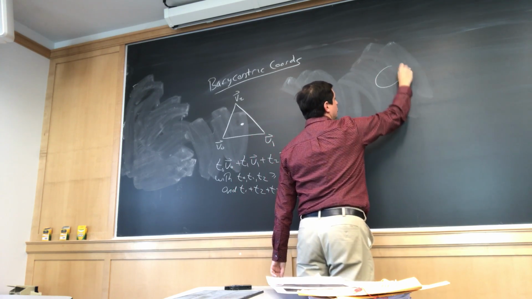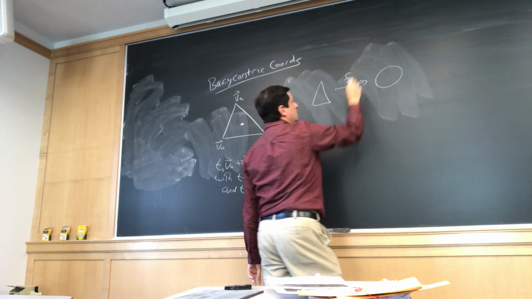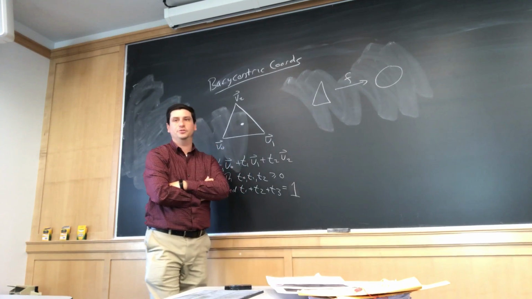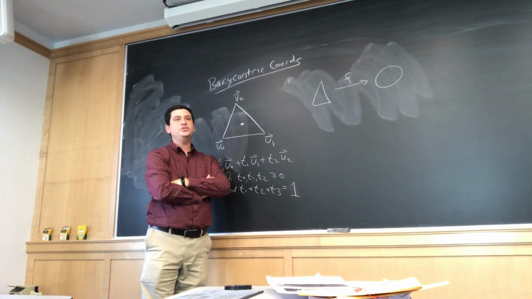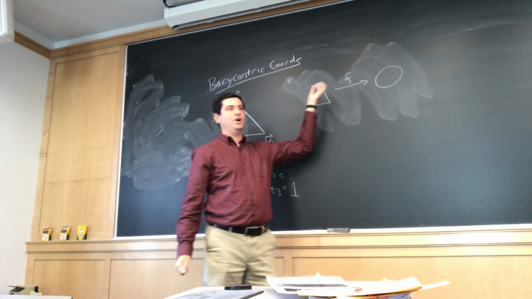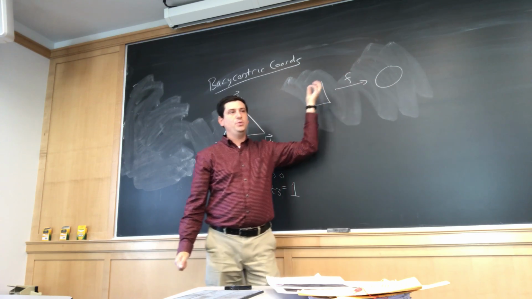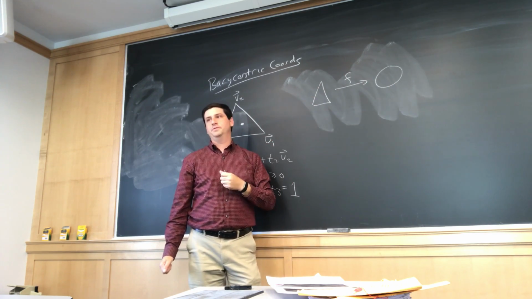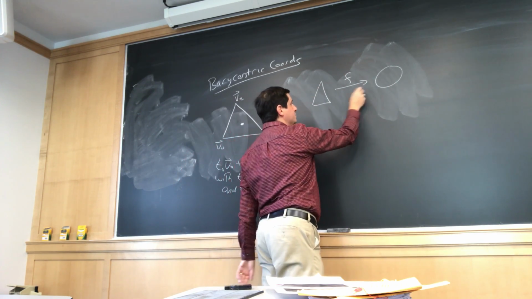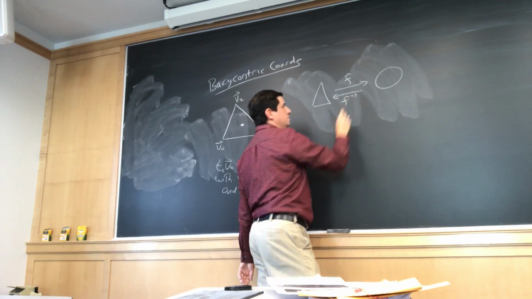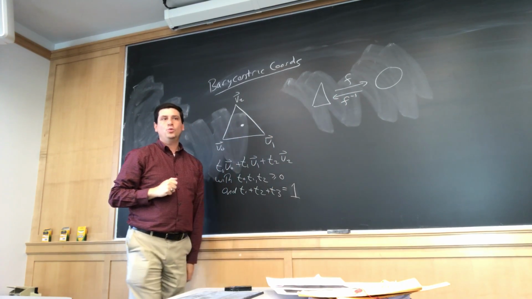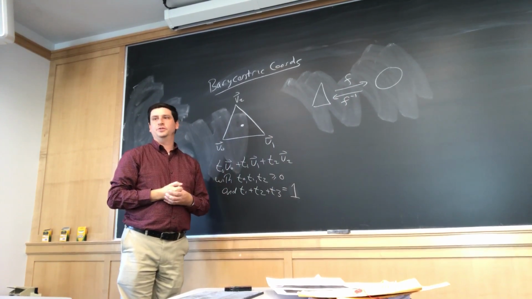And then maybe we have a circle over here. And we have some map, a continuous map from the triangle to the circle. If we understood functions and fixed points on the circle, can we get them on the triangle or vice versa? So we'll assume the function has an inverse.